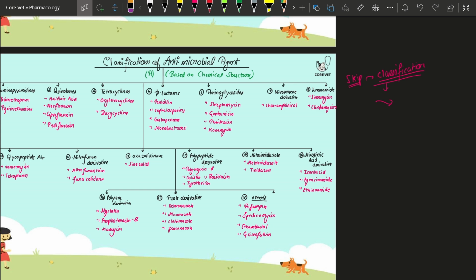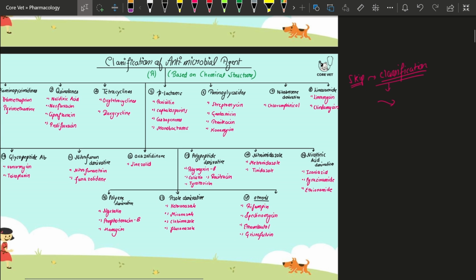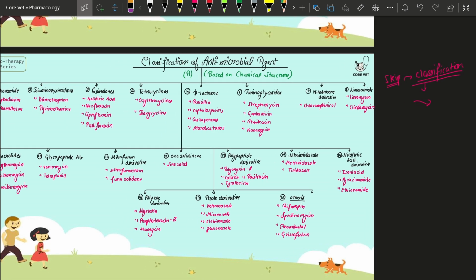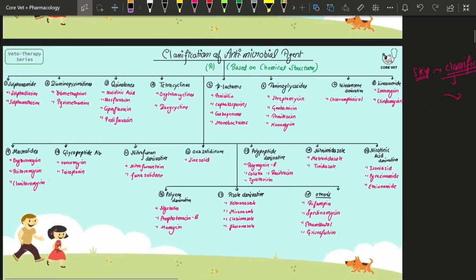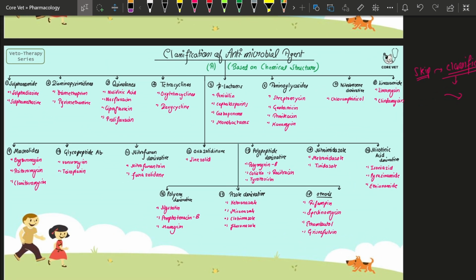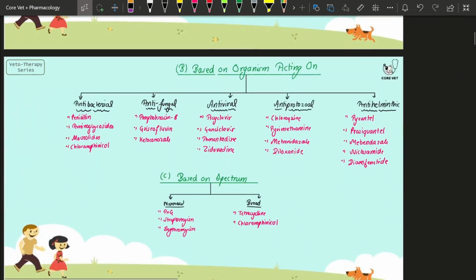So just skip this classification, which is based on the chemical structure. When you complete all the classes of the drugs, you will automatically be able to write this classification based on your own experience, right?